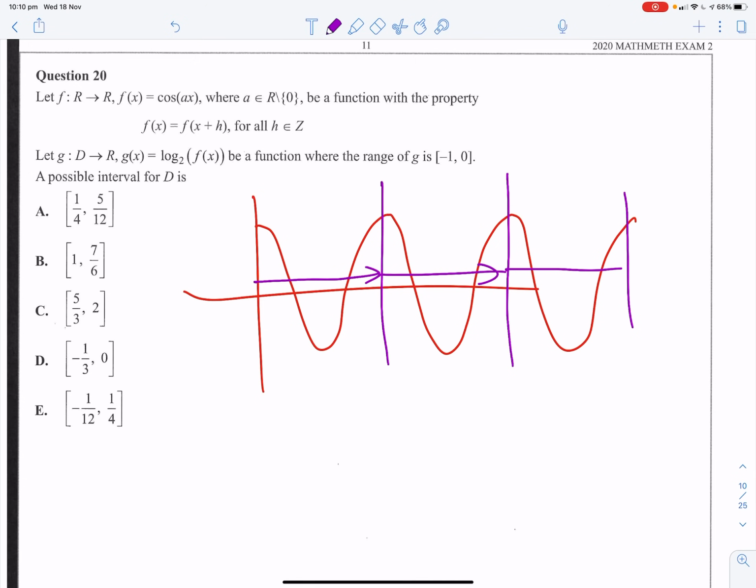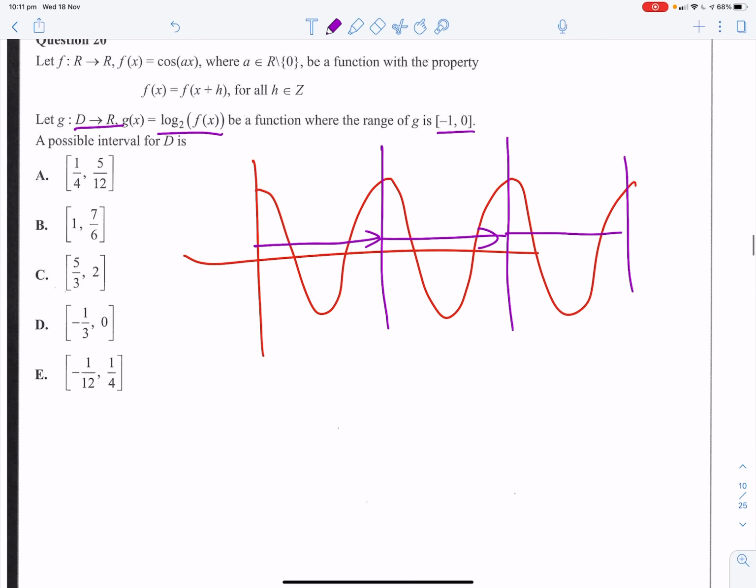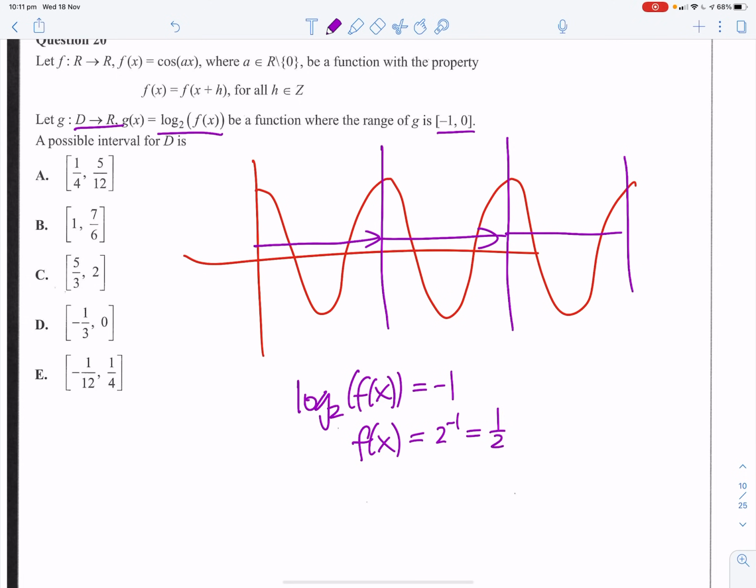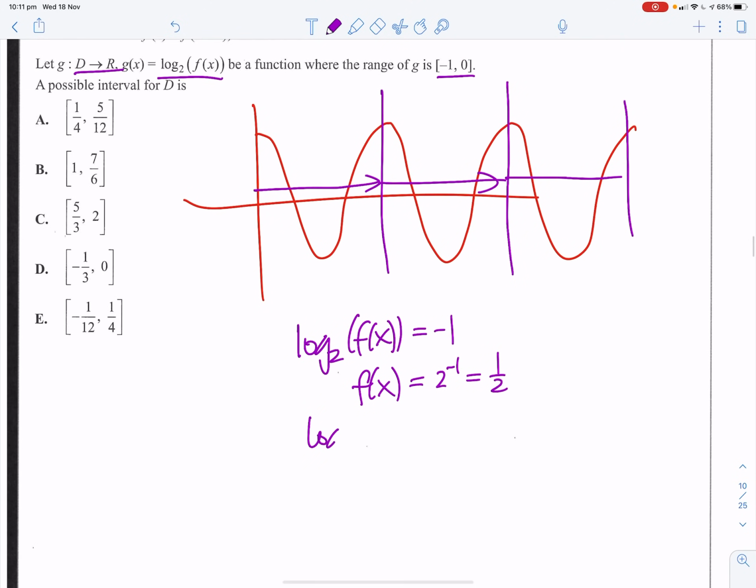Now we know, let g be a function where we're using this periodic function and it has a range of -1 to 0. So if I say log 2 of f of x is equal to -1, f of x is equal to 2 to the -1, which is a half, and log 2 of f of x is equal to 0, f of x is 2 to the 0, which is 1.